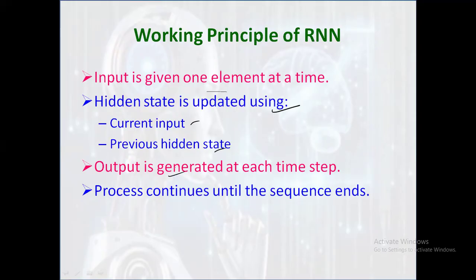That means the RNN can give output after every input, and it repeats until the sequence ends. The process continues for the entire data sequence, like 00, 01, 10, 11, until the final data.